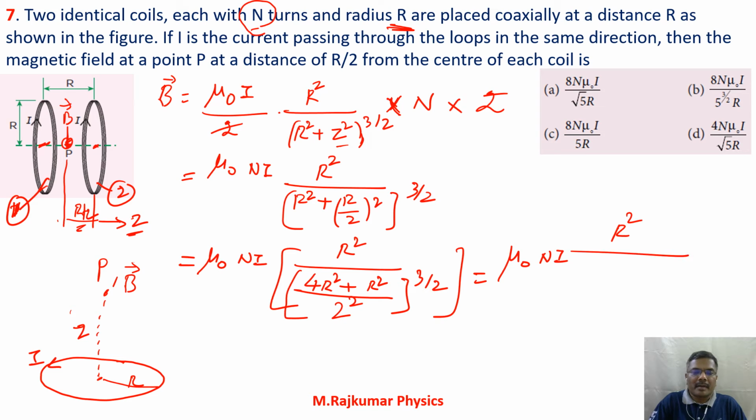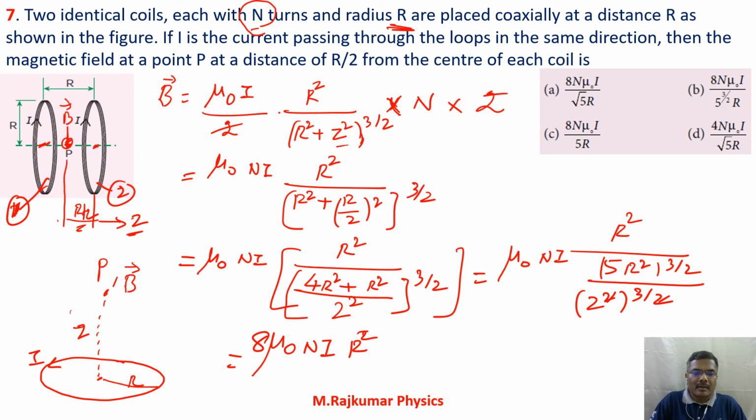So mu naught n I r square divided by 5r square whole power 3 by 2, divided by 2 square whole power 3 by 2. This 2 and this 2 will cancel, so 2 power 3 will go to the numerator. Finally this becomes 8 mu naught n I into r square divided by 5r square whole power 3 by 2.